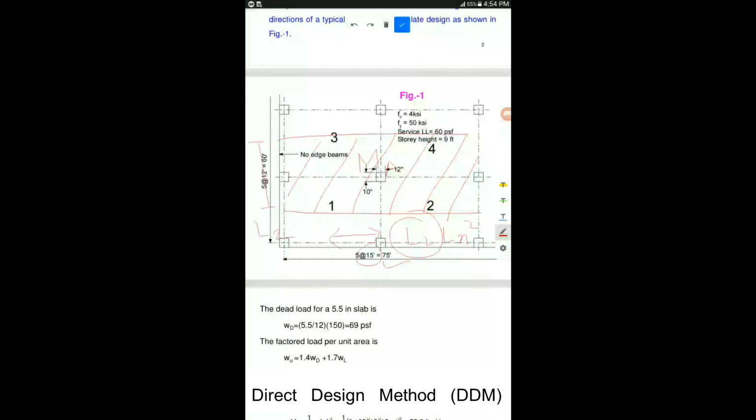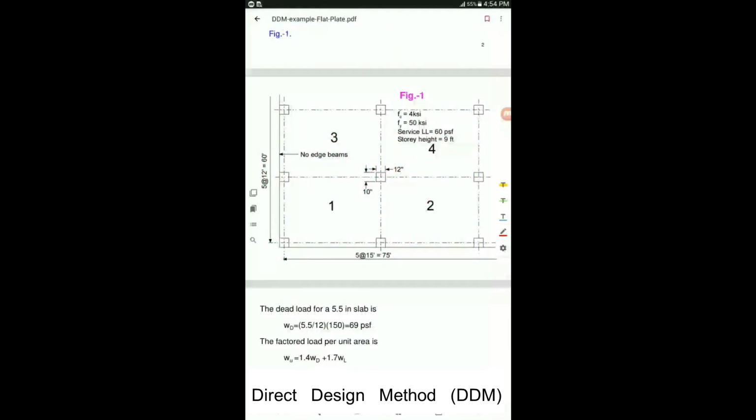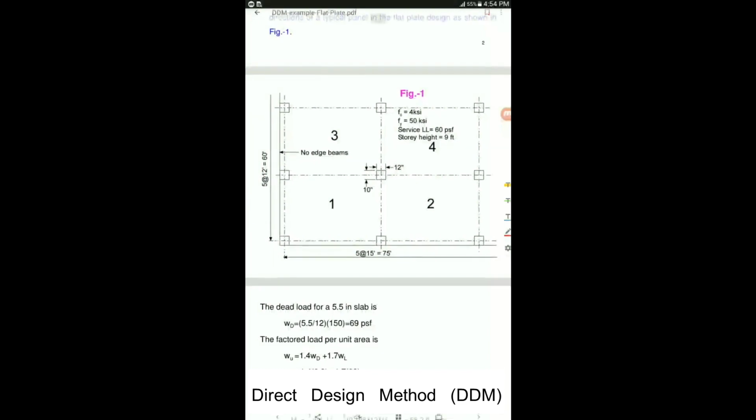and all the dimensions in the direction of this equivalent rigid frame will be L1, and both these L1 and L2 will be center to center. However, in order to calculate Ln, this is again in the direction of the equivalent rigid frame, but Ln is the clear span, not center to center. So it's very clear that when I'm calculating the total factor moment for the long direction, this is the long direction.